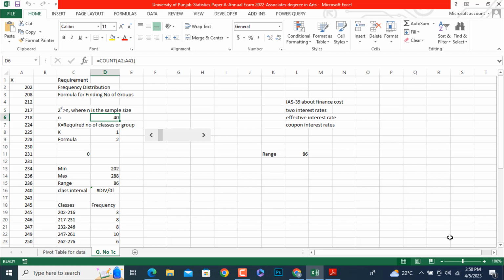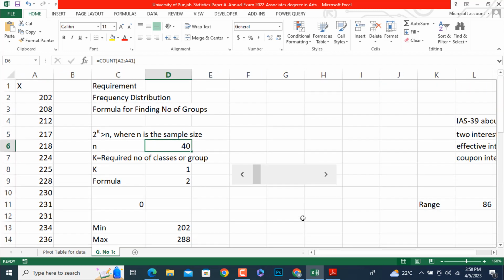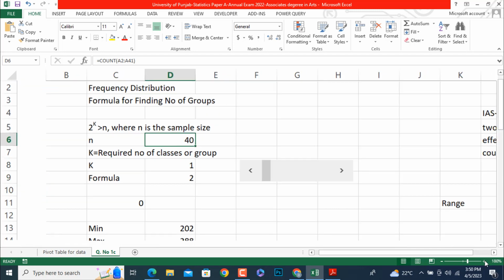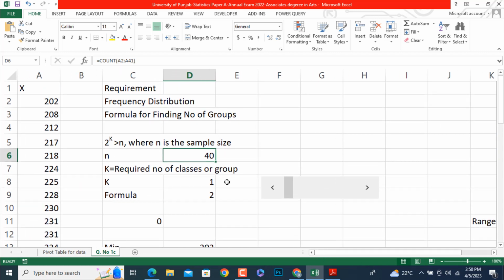Please allow me to increase the size of this solution so you can easily look at it. Let me increase it a little bit more. So I think now it is visible to all of you.